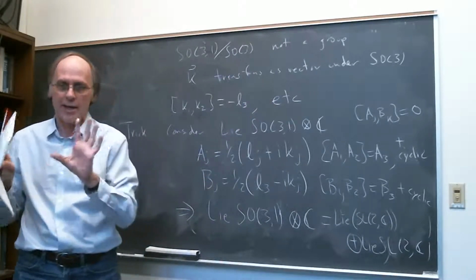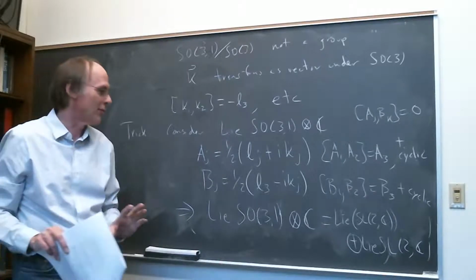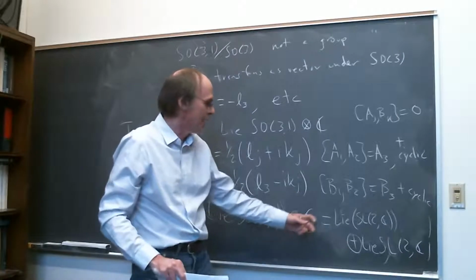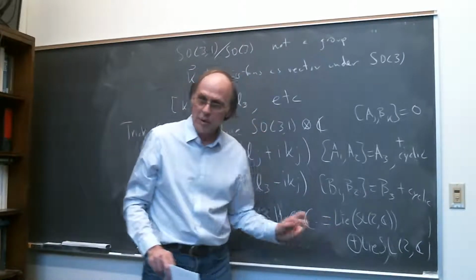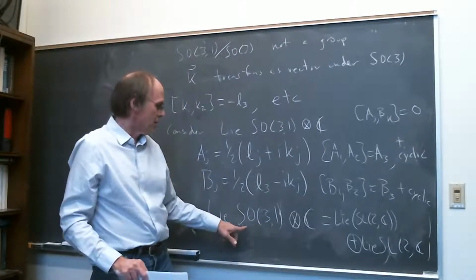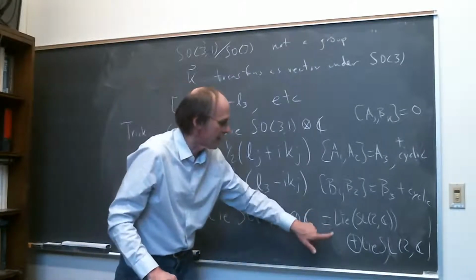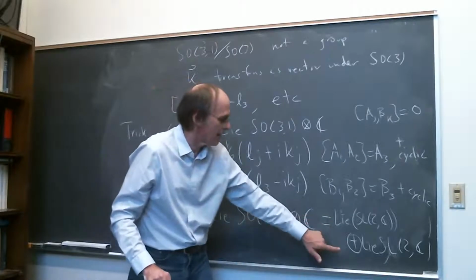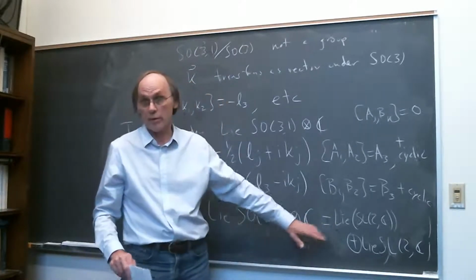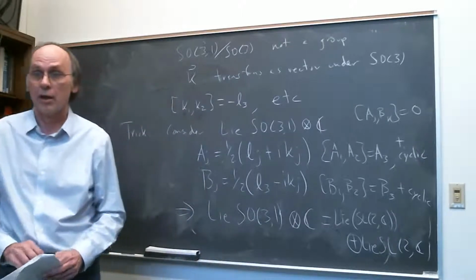Well, no, it doesn't show that. You have to be careful. Exactly what it shows is that if you complexify, then you break this out. But you have to keep track of where inside here is my original SO(3,1).